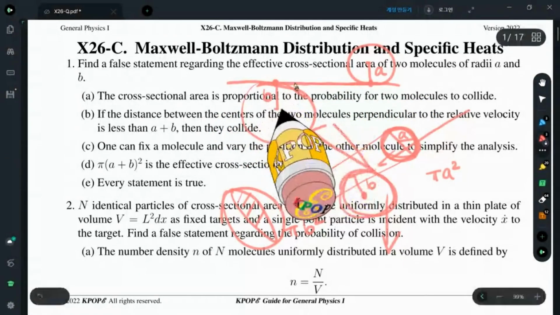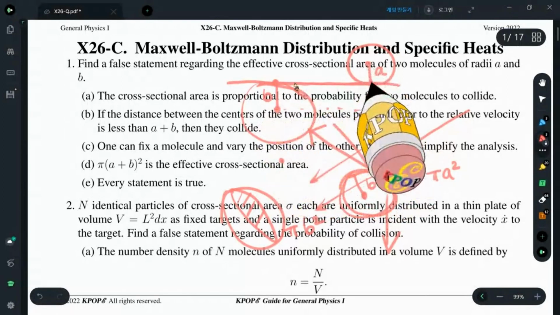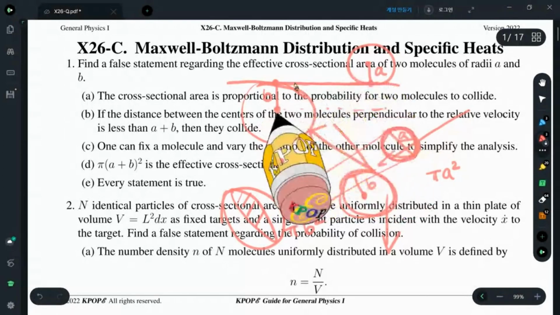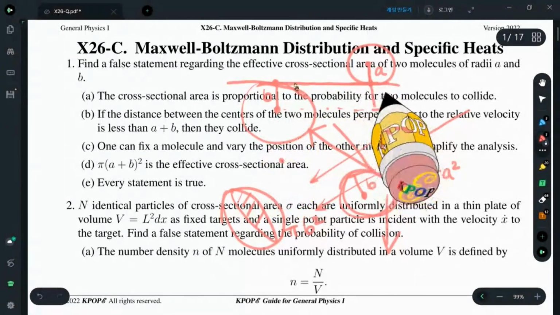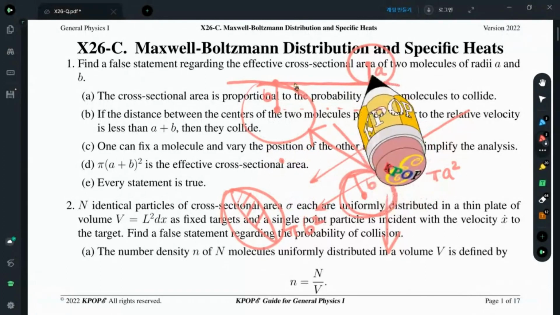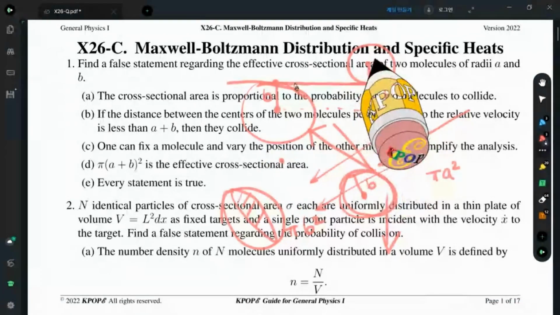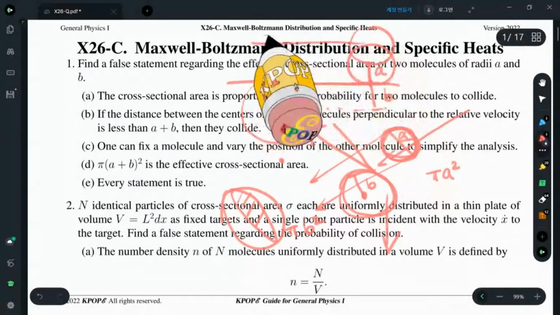In that case, the perpendicular distance between the two centers of the spheres is A plus B. If the perpendicular distance is greater than A plus B, then it will never hit.